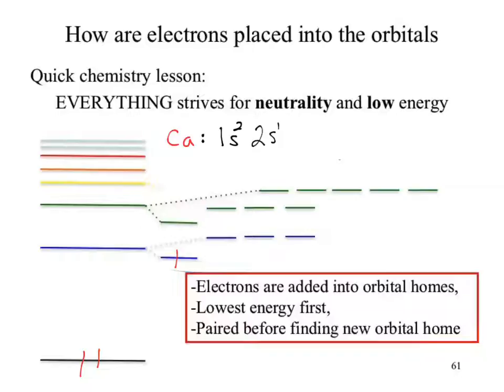Where's the first electron go? 1s. There it is. Second electron, 1s. So I can condense that as 1s2. Third electron, 2s. Fourth electron, 2s.